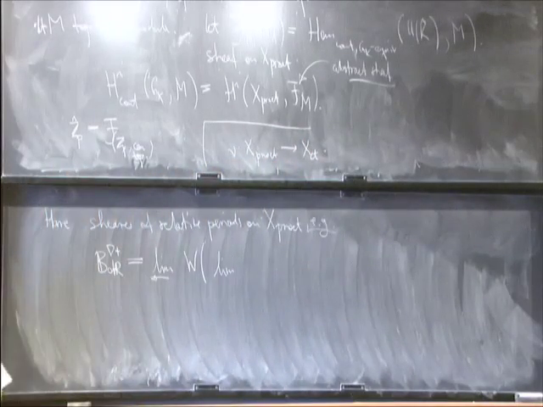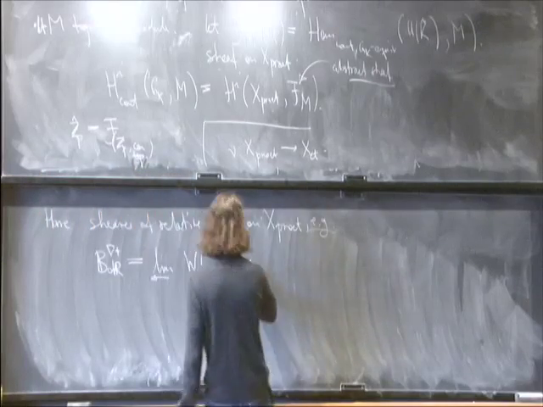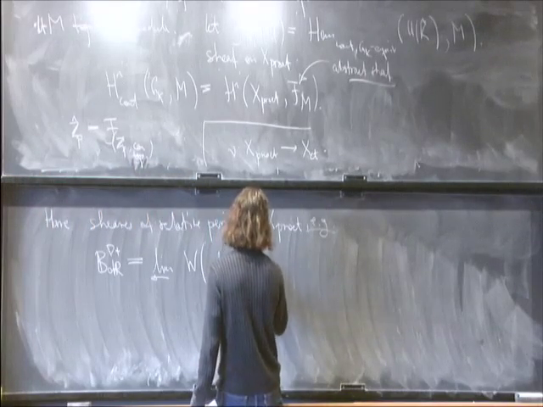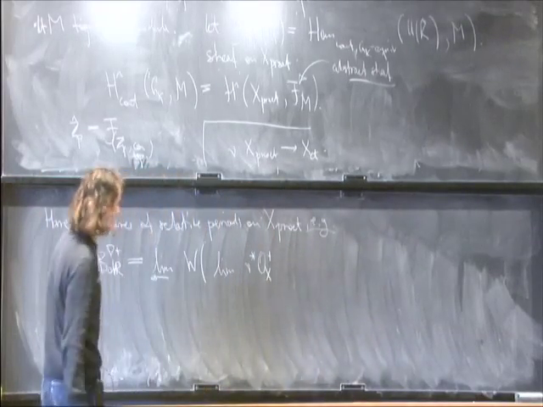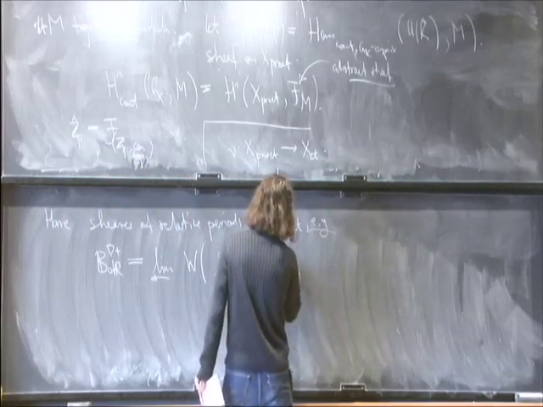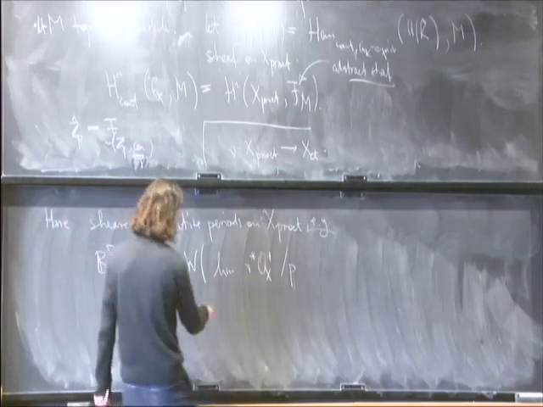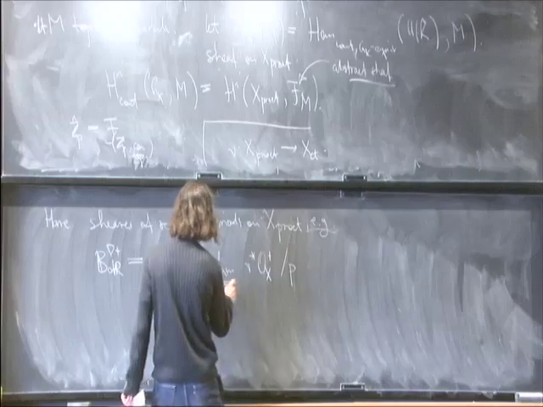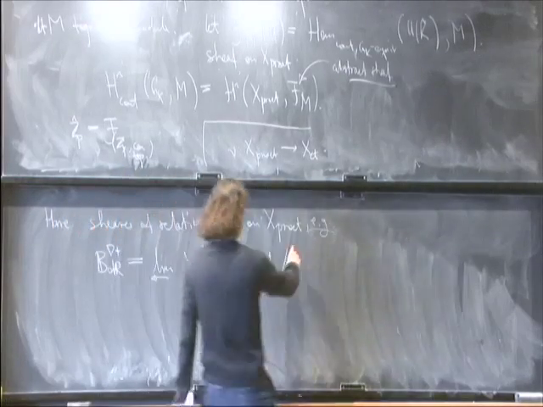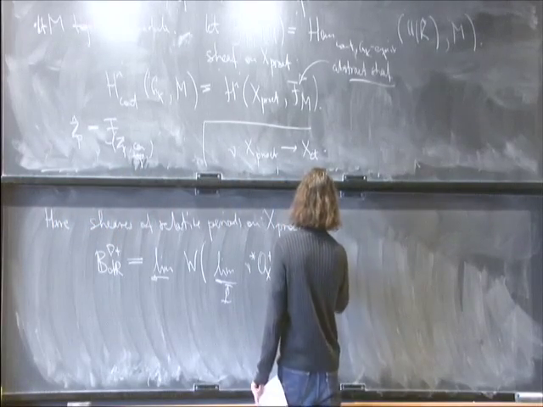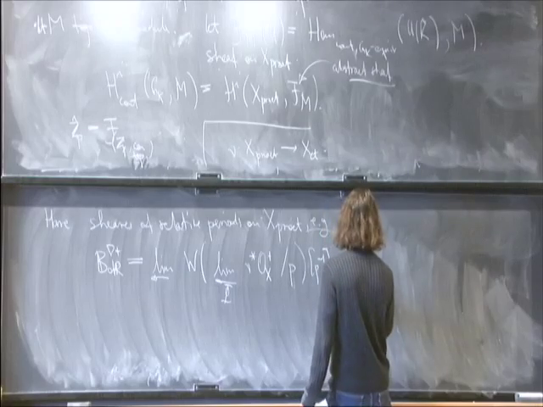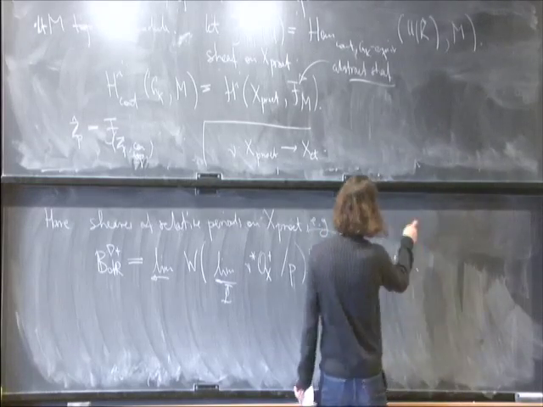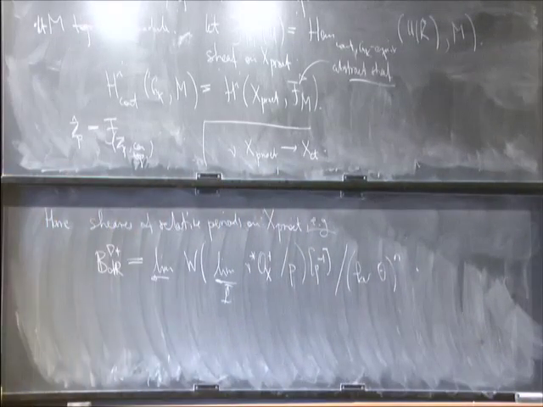Of course, there's this map, and then you can pull back the sheaf O_X plus, which you have on the étale site, divide by p, take the inverse limit over all Frobenius maps, invert p, and divide by the kernel of theta to the n and take the inverse limit.